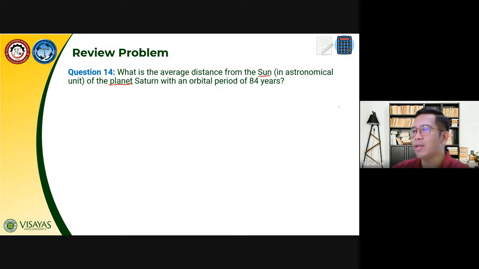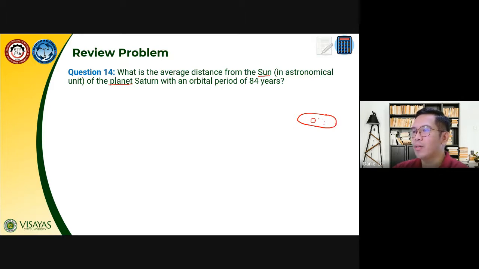We are orbiting in an ellipse. So for example, this is your Sun. Our distance from that Sun changes because our path is an ellipse.